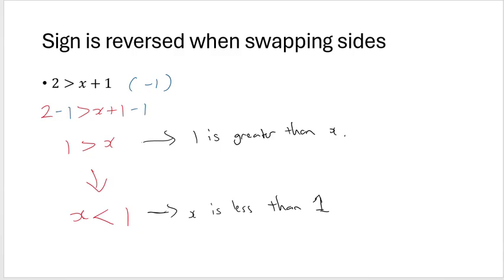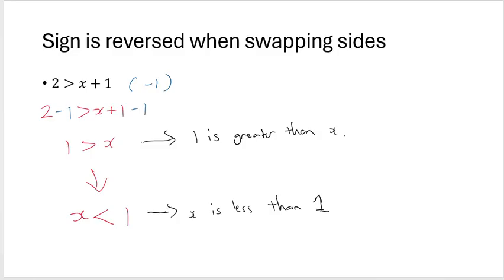So, another scenario that you may possibly get is when you do solve, you might want to switch the whole solution around. So if you have a look here, I've solved this equation here by saying 1 is greater than x, but I've decided to write it the other way around.